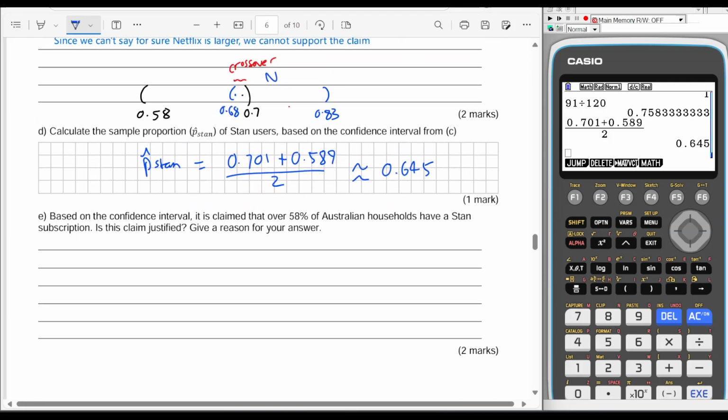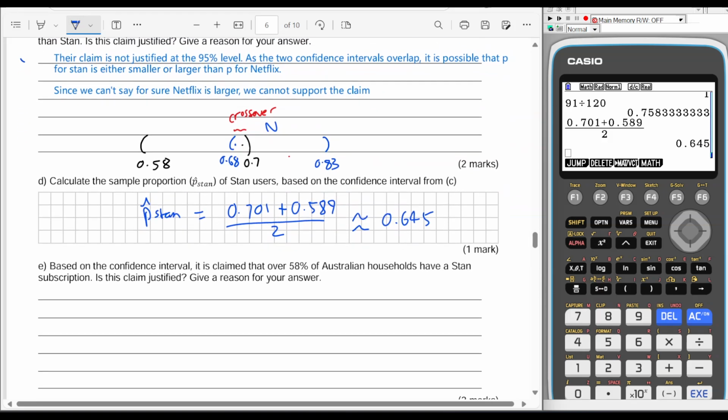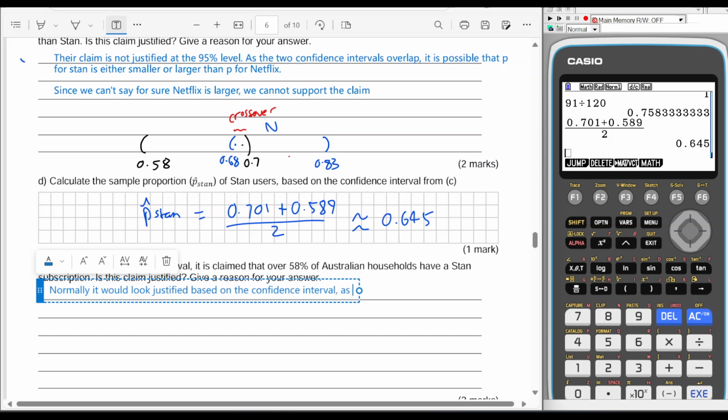So based on the confidence interval, it's claimed that over 58% have a Stan subscription. Normally it would look justified based on the confidence interval, as the entire CI lies above 0.58, so it looked justified at the 95% level.